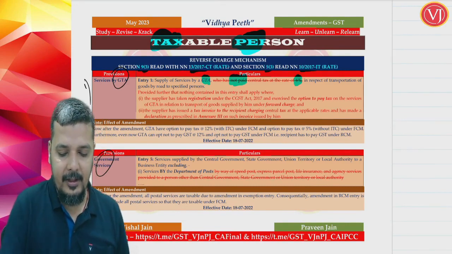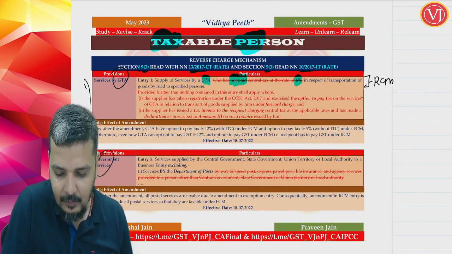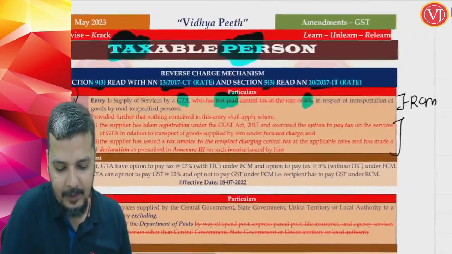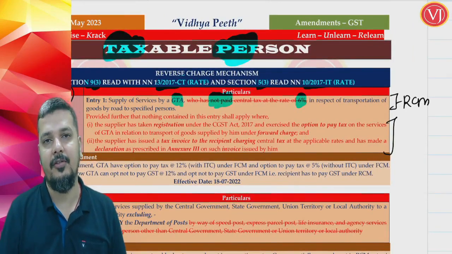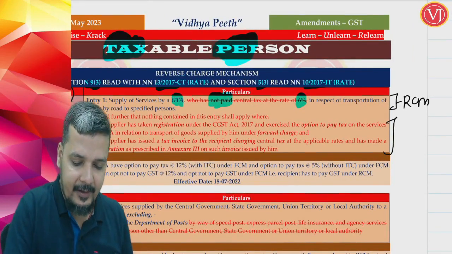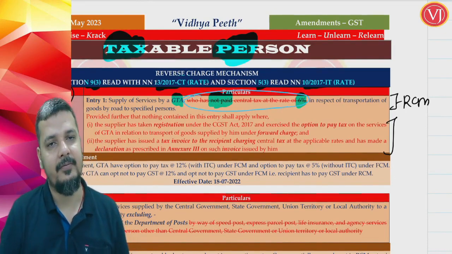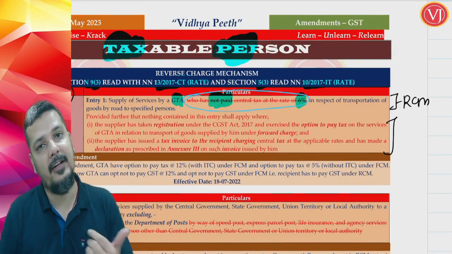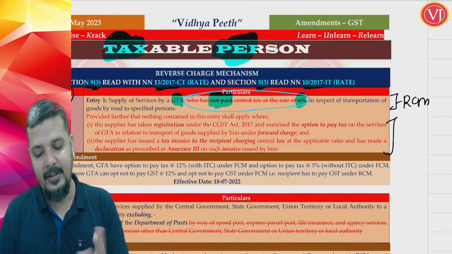It would have been covered under RCM. So for RCM to be applicable, GTA should not have gone for 12 percent. Now they have said that whether GTA is selecting 12 percent or not is no more relevant. He may select 12 percent, still it may be covered under RCM. He may not select 12 percent, still it is under RCM.